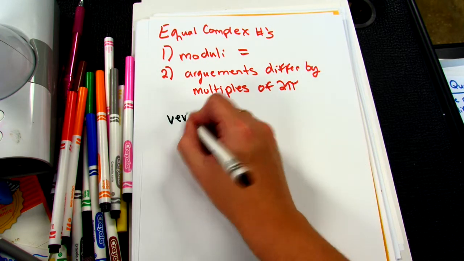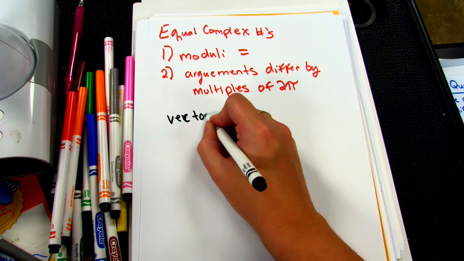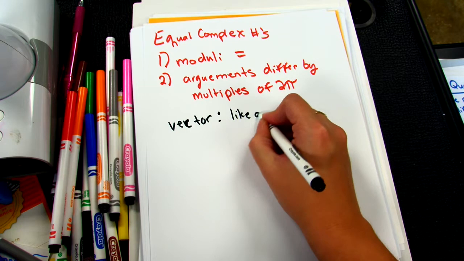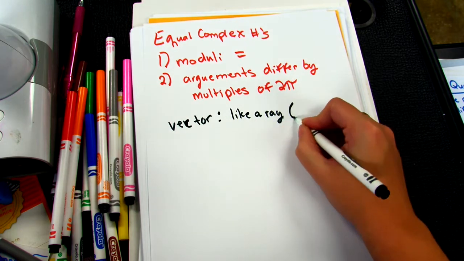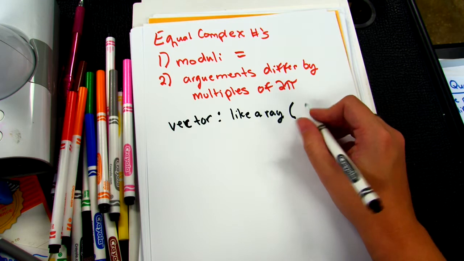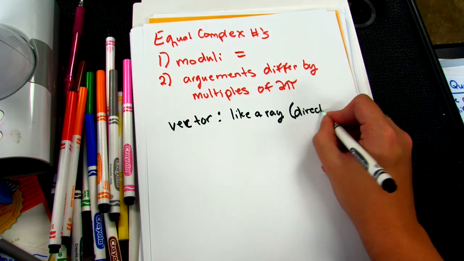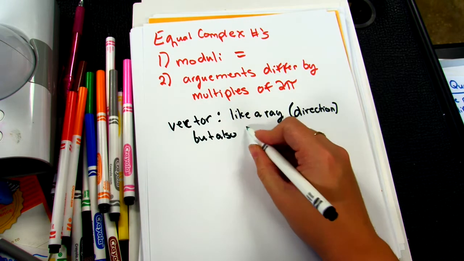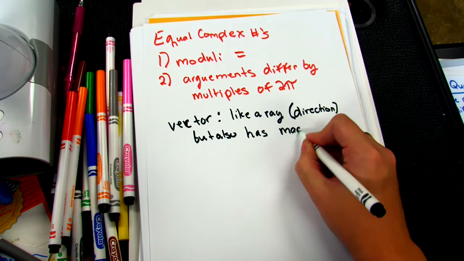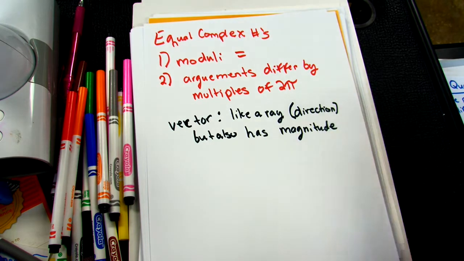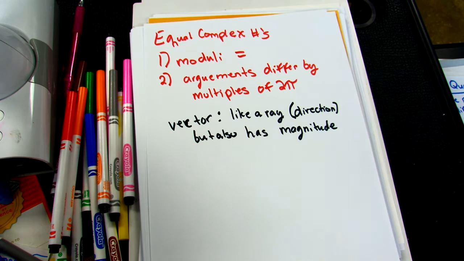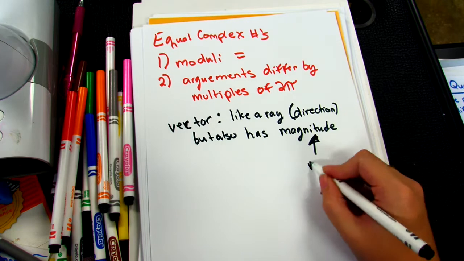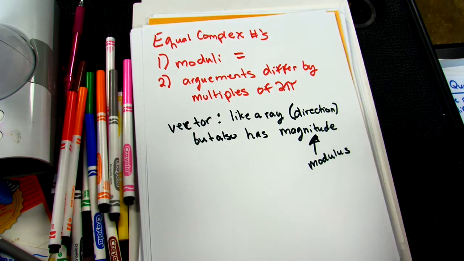So a vector is like a ray, because it has direction, but also has magnitude. All right? And the magnitude is the absolute value, or modulus, right?